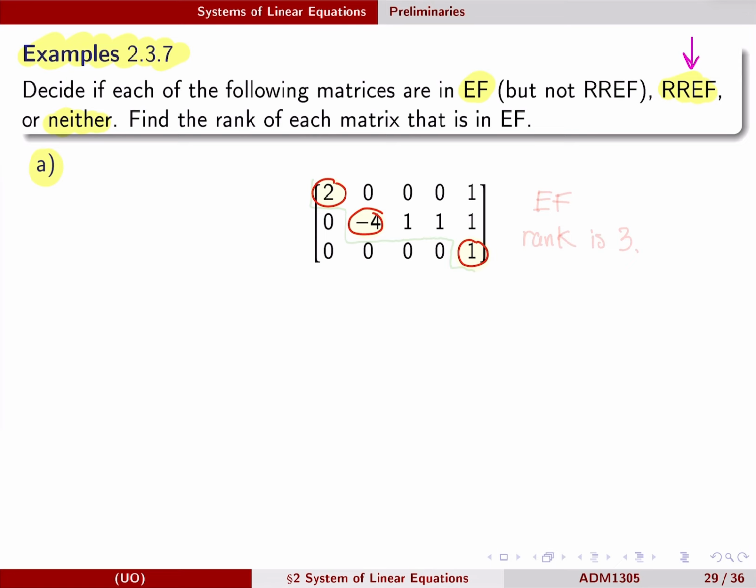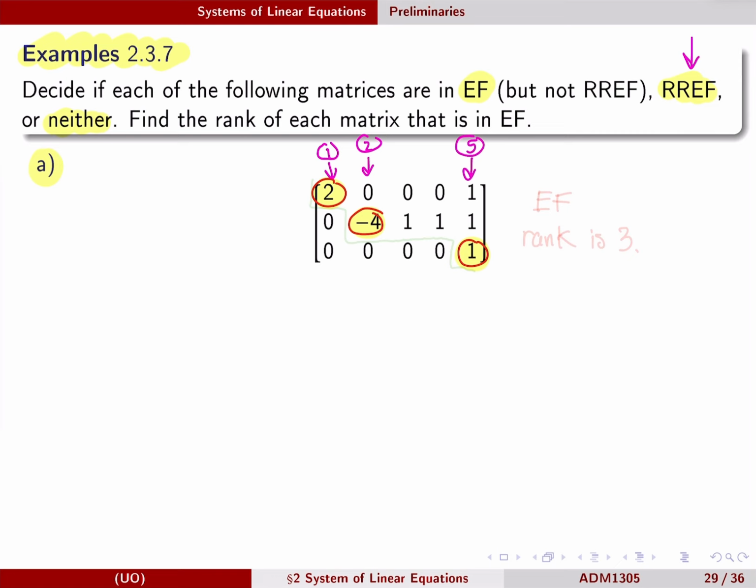So we don't have any row of zeros, so the first condition is met, so we don't have to worry about that. Is this matrix in echelon form? Are the pivots going from left to right? And the answer is yes here, because we have a pivot in the first column, and then the second one is in the second column, and then the third one is in the fifth column.